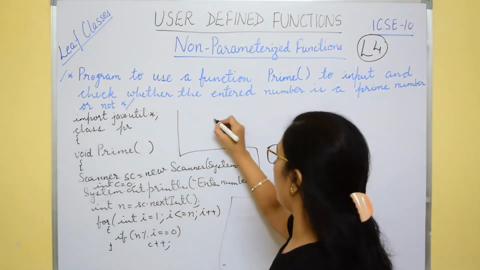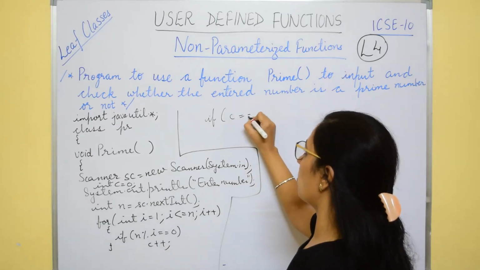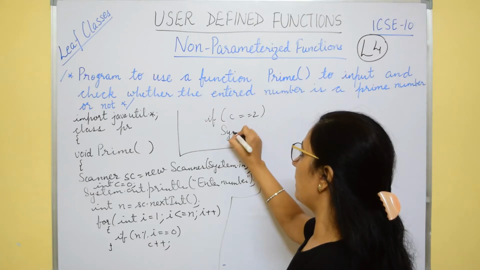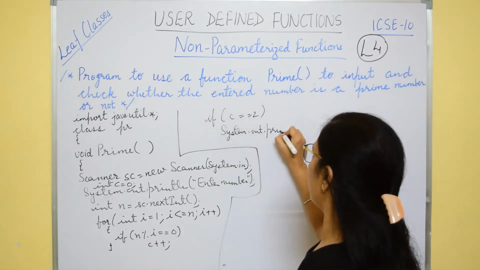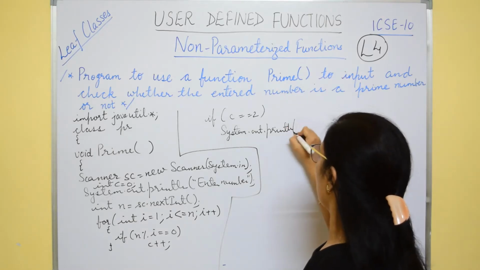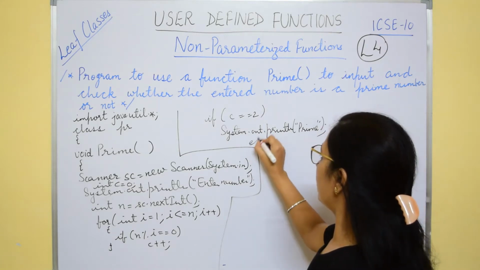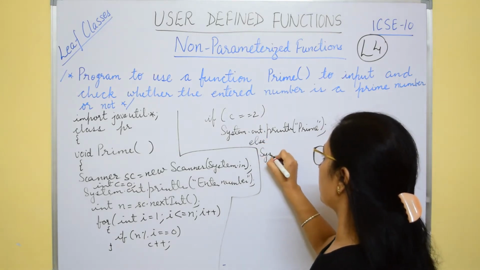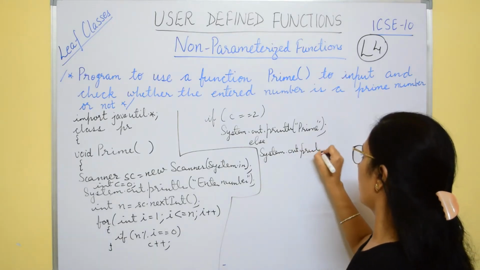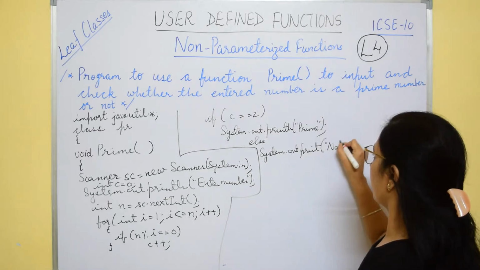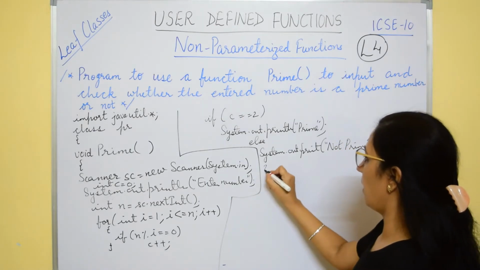After completion of this loop, you will check the number of factors we have stored in c. If c is equal to 2, print System.out.println("Prime number"), else print "Not prime", and we will close the function here only.